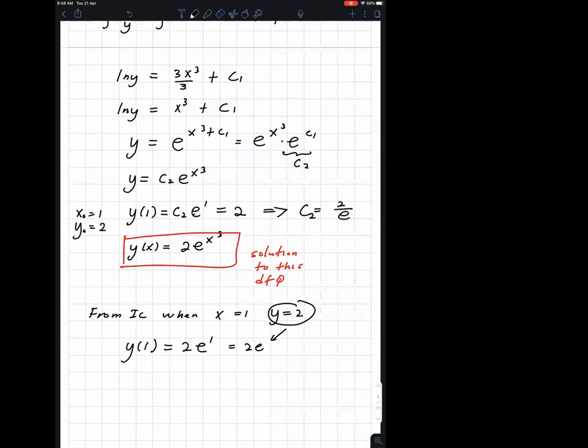Two over E. Do you guys agree? Hello guys? Yes, sir. Okay, so we made a mistake there. It's supposed to be 2 over E here.